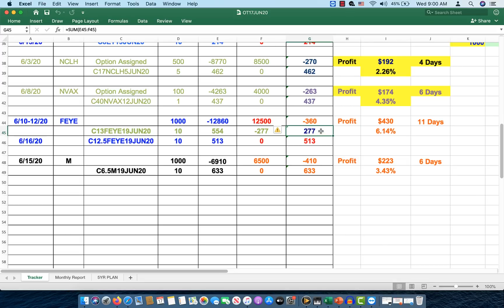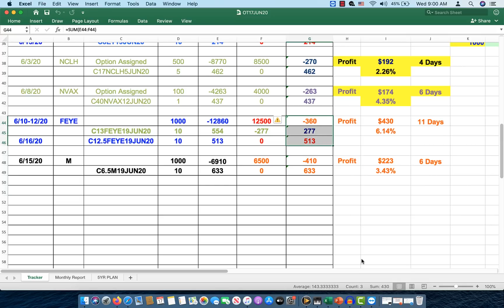That's in our pockets. Now, we're changing the price here, of $12.50 for the strike price, so therefore we get $12,500 when it gets called away. Because it will get called away at $12.50 if the prices stay the way they are today. You see a minus 360, but then it's offset here. All this is ours.